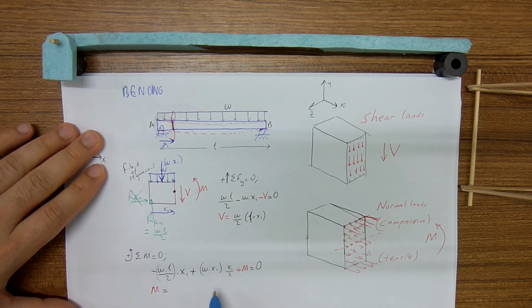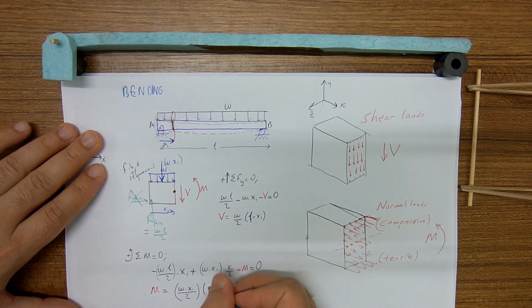If we calculate this, we can take W x1 over 2 parenthesis L minus x1. Again, just remember L is much larger than x1, therefore this result is positive.